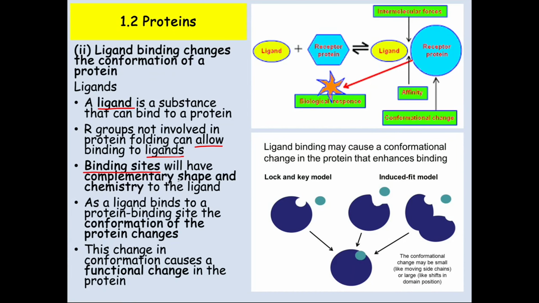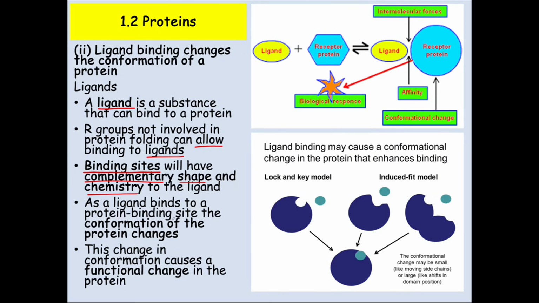And binding sites have a complementary shape and chemistry to the ligand. Again, the concept of this is probably familiar to you from your previous study of enzymes. So we're just applying it to all proteins and all substances which bind to a protein. So those binding sites have a complementary shape and chemistry to the ligand.